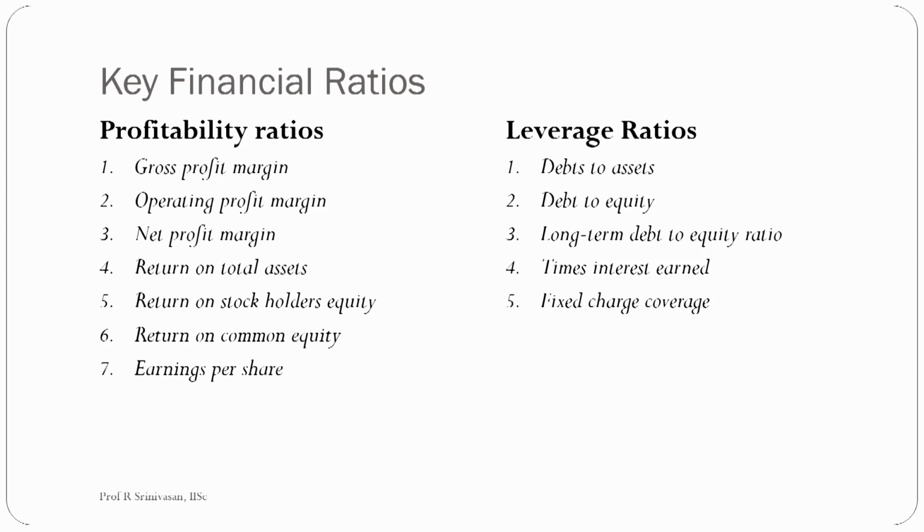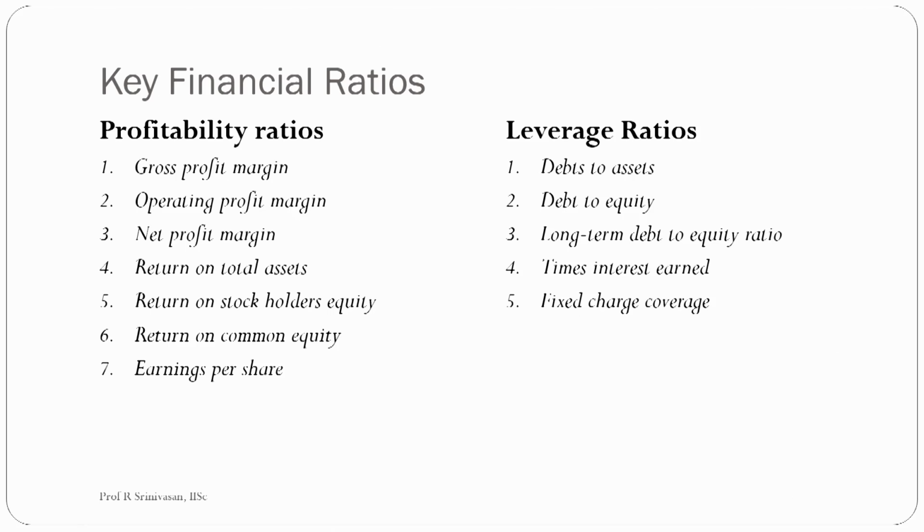When you look at the operating profit margin, you are looking at profit before taxes and interest in the numerator. When you come down to the net profit margin, you are deducting the taxes from that. That is, it will be profit after tax in the numerator.